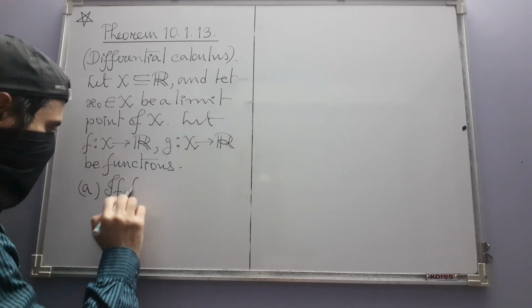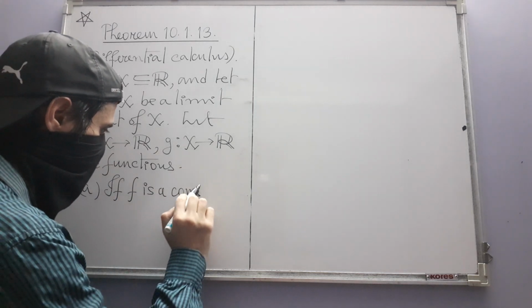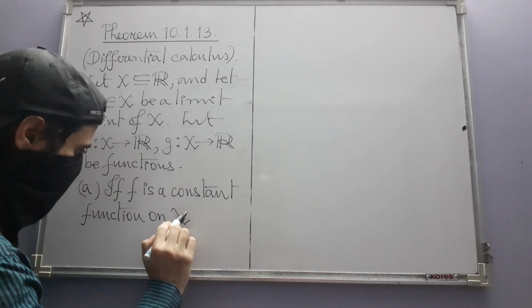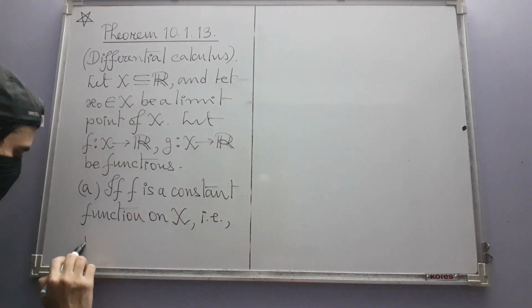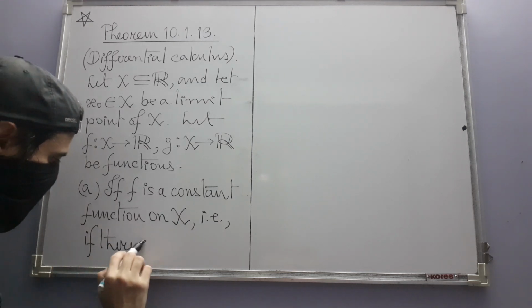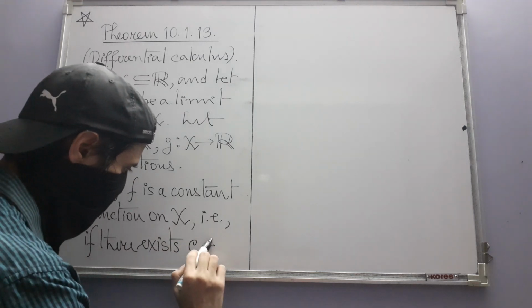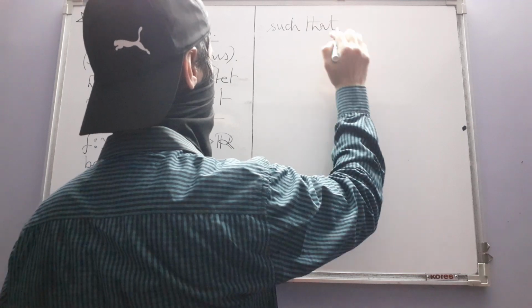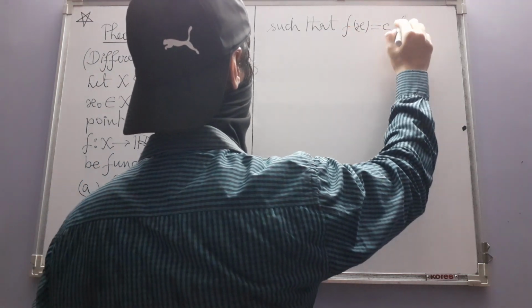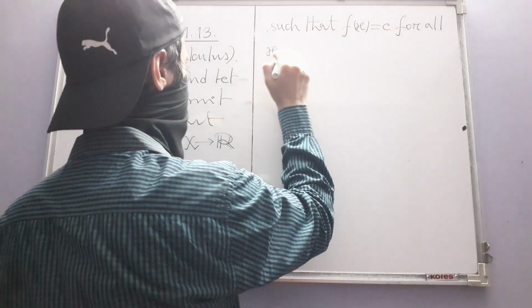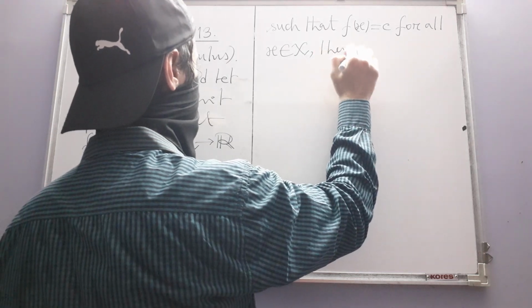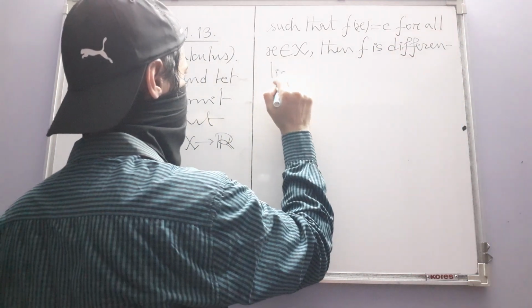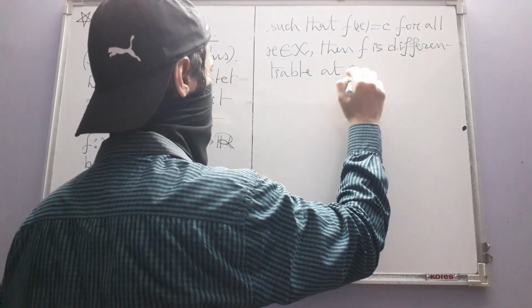If f is a constant function on X, i.e., if there exists a real number c such that f of x is constantly c for all x in the domain X, then f is differentiable at x0.